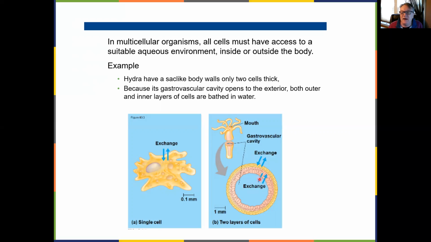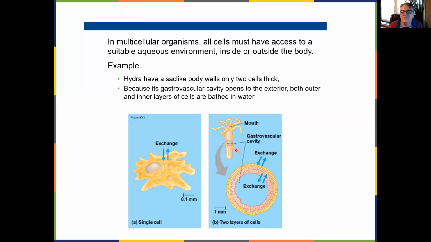the cells are still exchanging directly with their environment, but notice their total area exposed to the environment is already much less than a single cell, which has the entire three-dimensional structure of the cell exposed. But now, this is already starting to reach the limit to what we can do with just direct exchange.